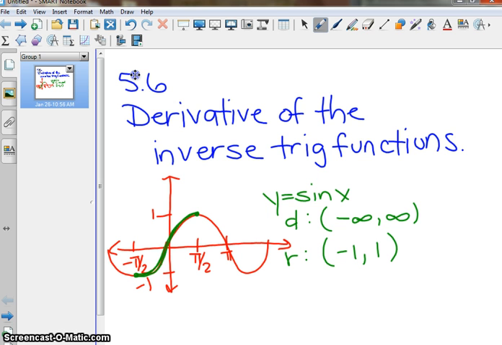I guess we include those, so I need to make those brackets. We want to include negative 1 and 1. But for the inverse portion, our domain is only going to be from negative pi over 2, again a bracket, to positive pi over 2.